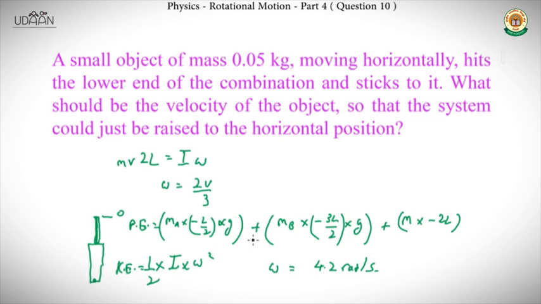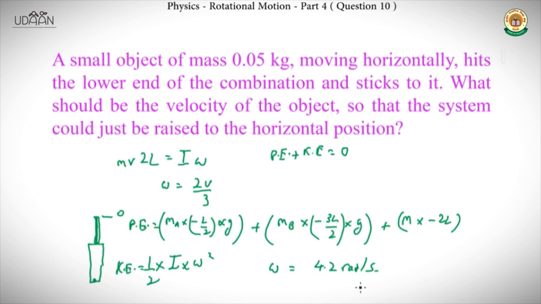That was the only unknown in the above equation. We knew the moment of inertia I, we knew ma, we knew L, we knew mb, we knew small m, we knew gravity, we knew everything else except omega. So by setting potential energy plus kinetic energy equal to 0, we found omega equal to 4.2 radians per second.